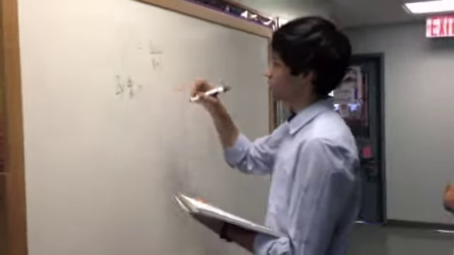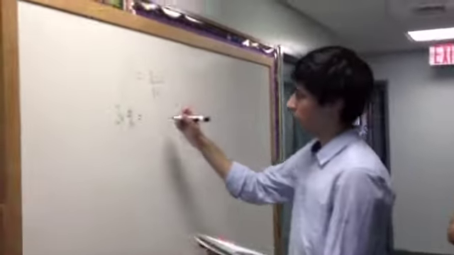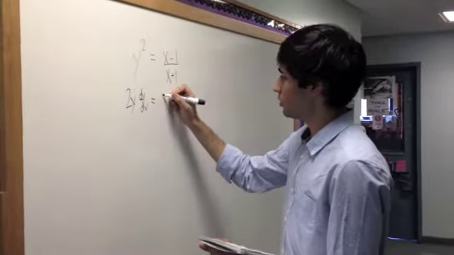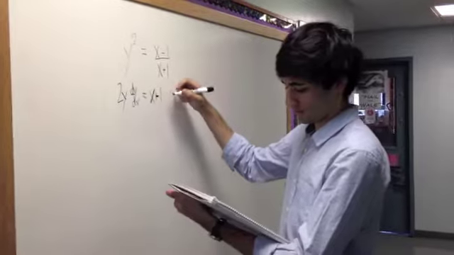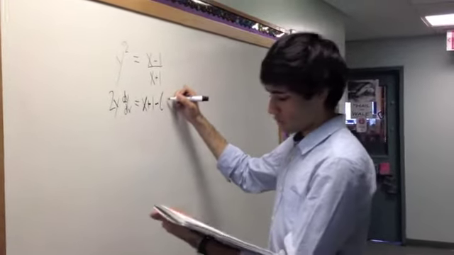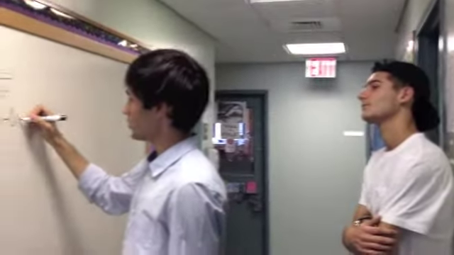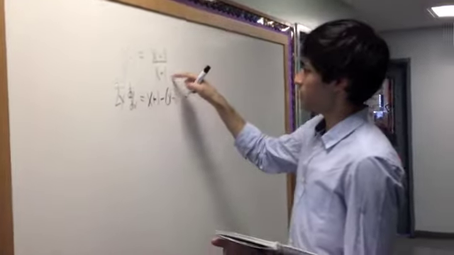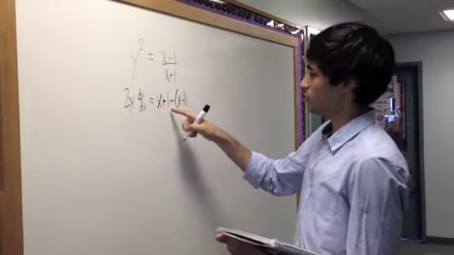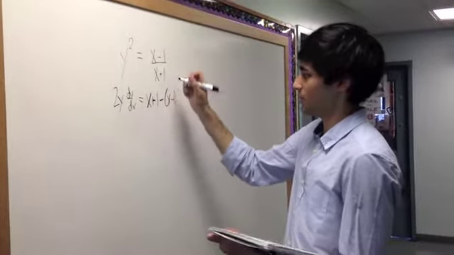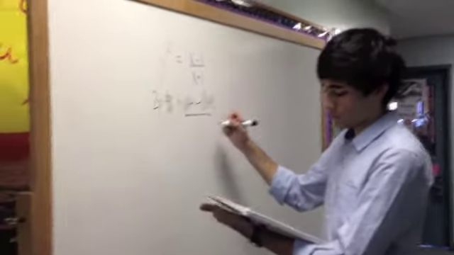And then you take the derivative of this using the quotient rule. As you can clearly see that this is a quotient. So, you take the bottom and then subtract the numerator, so then you get (x plus 1) minus the quantity of (x minus 1) all over the bottom squared.